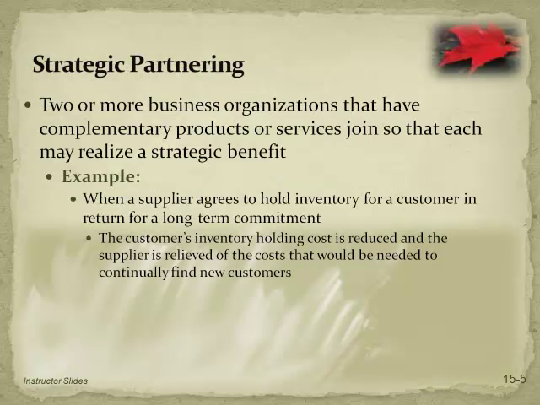So in a long-term relationship, we could have a strategic partnership. A strategic partnership is when two or more business organizations come together. They could have complementary products to each other. Another term that is used sometimes in this strategic partnering is a joint venture.